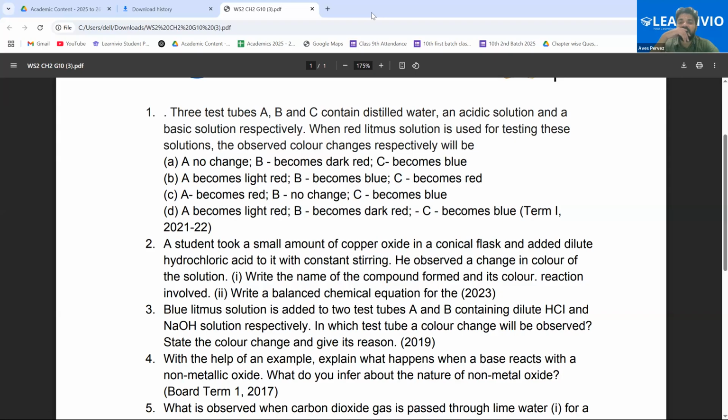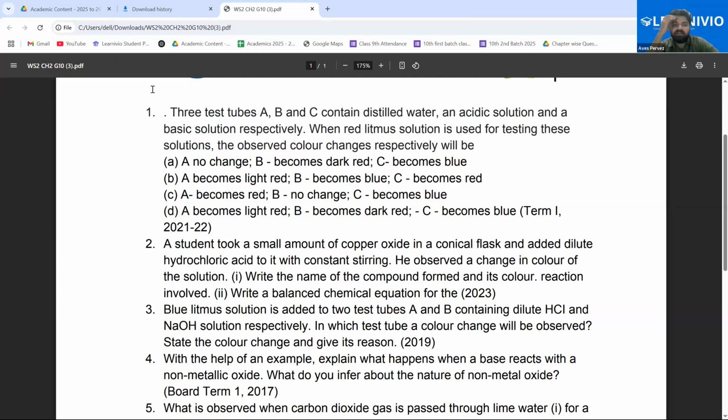Tell me. So A is distilled water. Distilled water does not affect litmus, so no change. B is acidic, so it will become more red, because red litmus stays red in acid. C has a basic solution, so red litmus paper changes to blue in C. So A is the correct option.